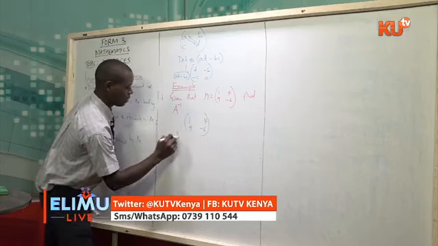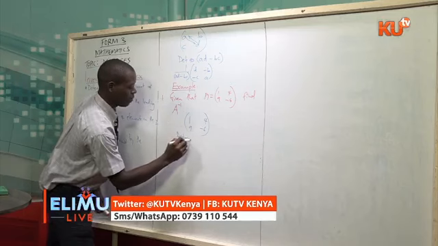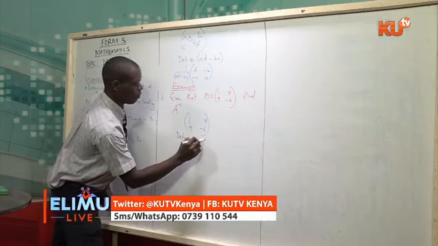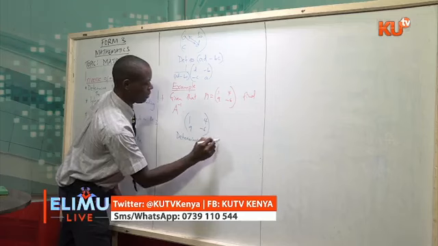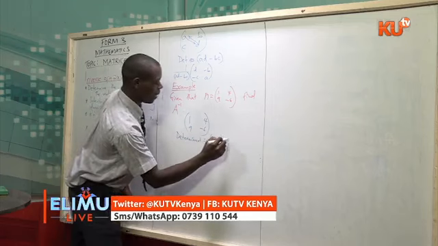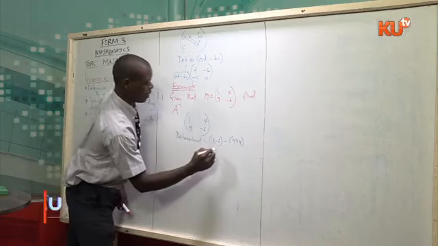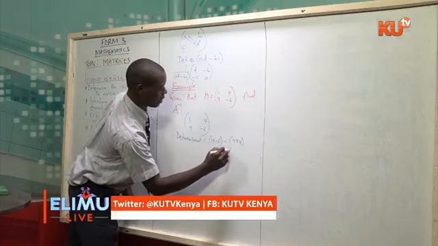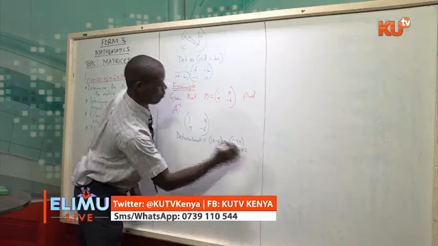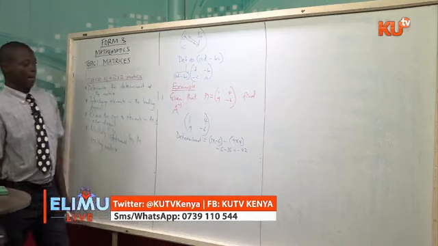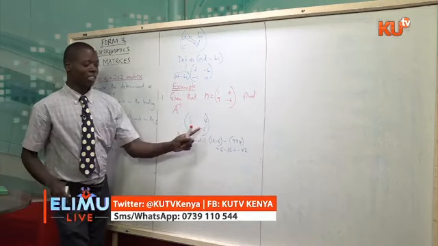Our determinant will be equal to 1 times negative 6 minus 9 times 4. So this is negative 6 less 36, negative 42. Then number 2, let's interchange these elements.